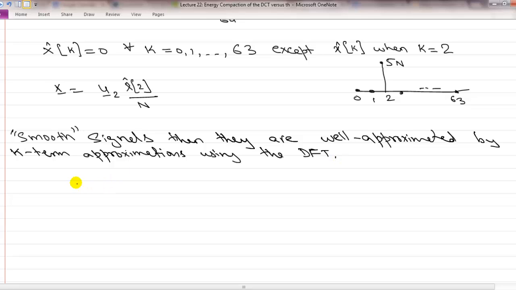So DCT, or the discrete cosine transform, has many definitions. There are variants of the discrete cosine transform. What we are going to study here is called the discrete cosine transform 2. You shouldn't confuse that with the two-dimensional discrete cosine transform. They have this factor of 2, of course, but they are two different things.